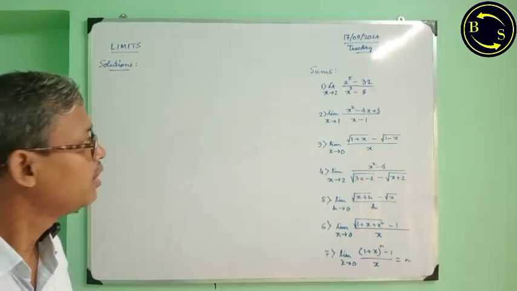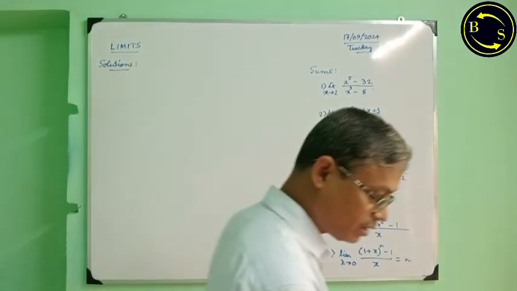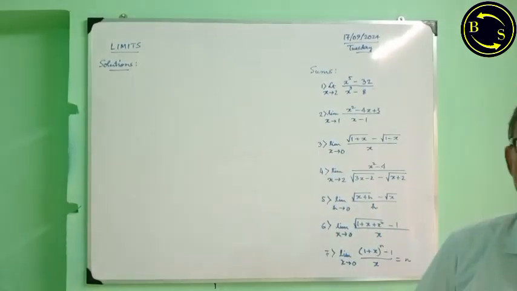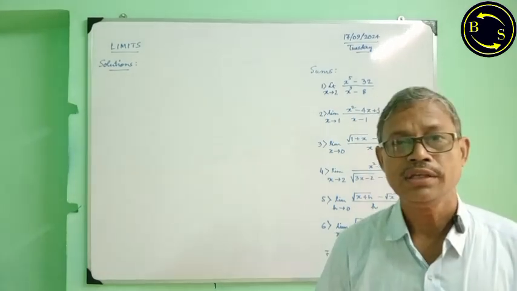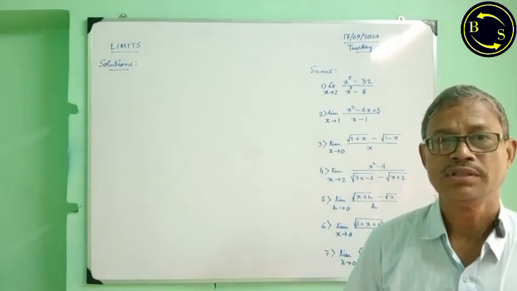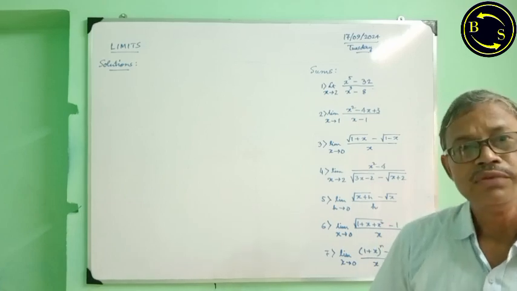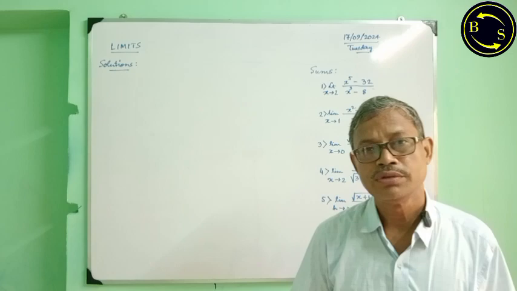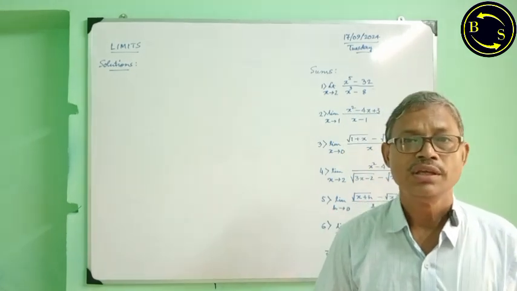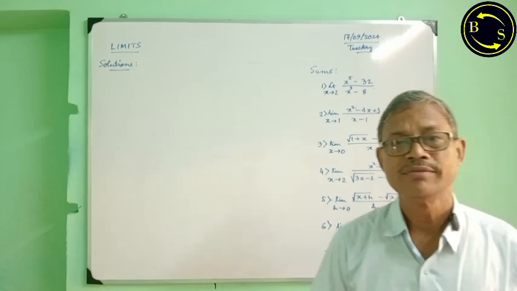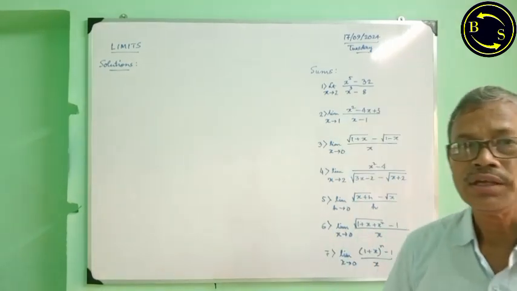First of all, let me discuss the steps to be followed, or working rules, of finding values of given limits. First of all, you put the value a when x tends to a in the given expression.